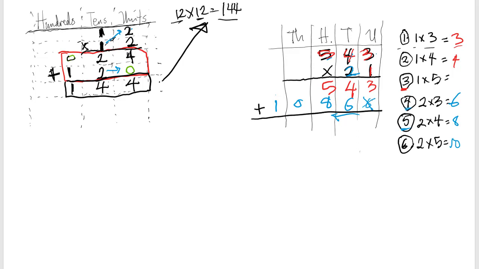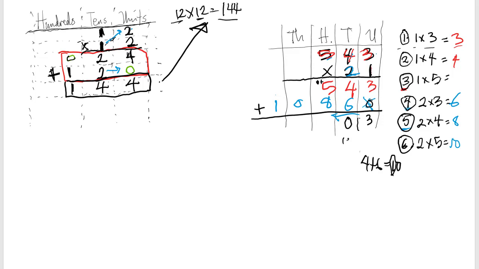Remember, there's nothing here, so you say 3 plus 0 is 3. Then 4 plus 6 is 10, but you cannot write 10 here. You just write 0, then you're left with 1. You take the 1 up here and add it to this 5.